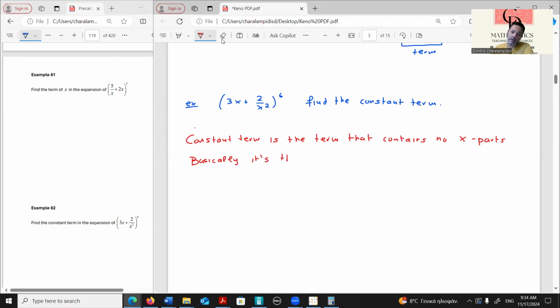To obtain it, I should search for the x to the power of 0, simply because x to the power of 0 is 1.